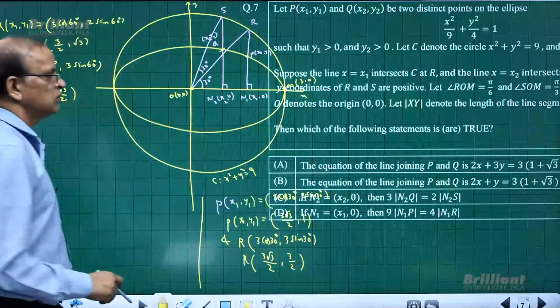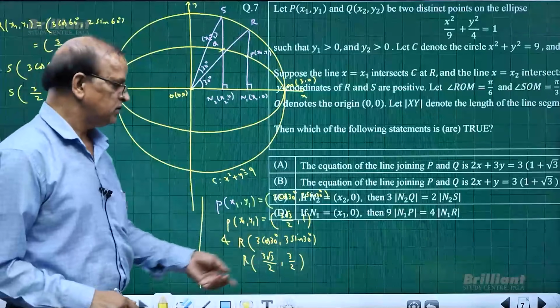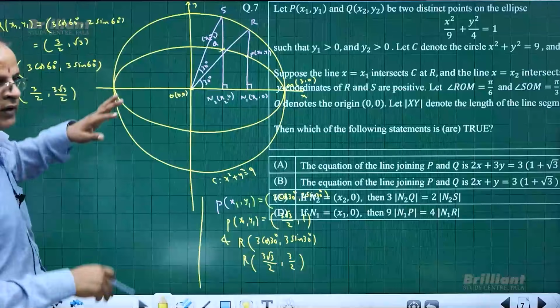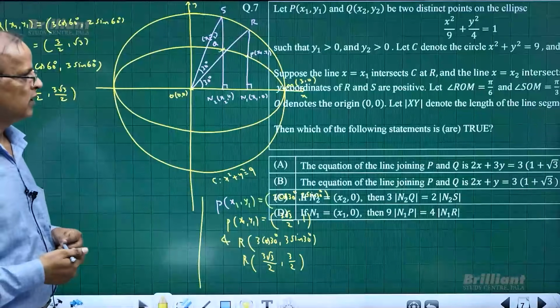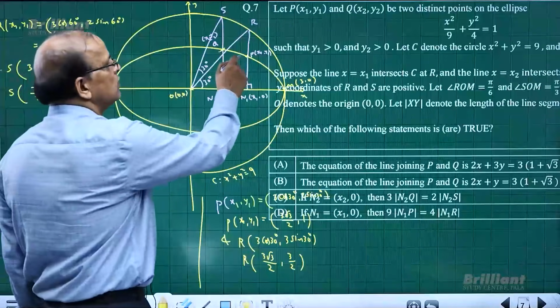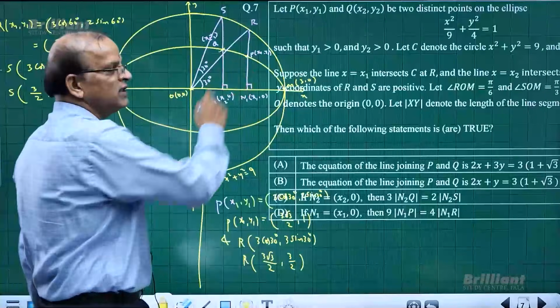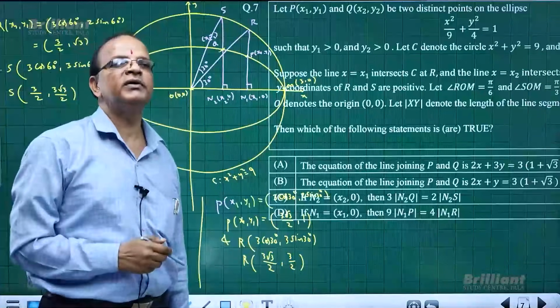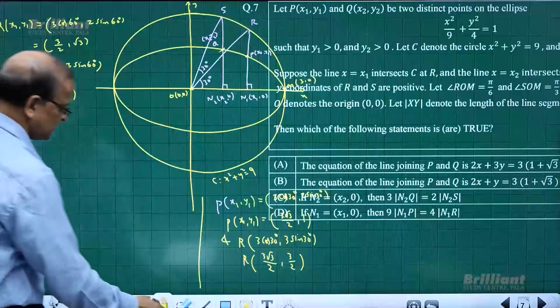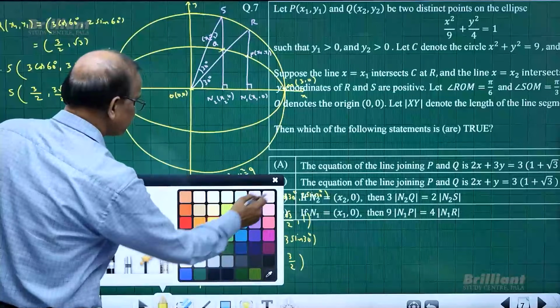So, you know the P point and you know the Q point, so we can find the equation of PQ. Or, you know the P eccentric angle and the Q eccentric angle, then the chord joining alpha and beta.